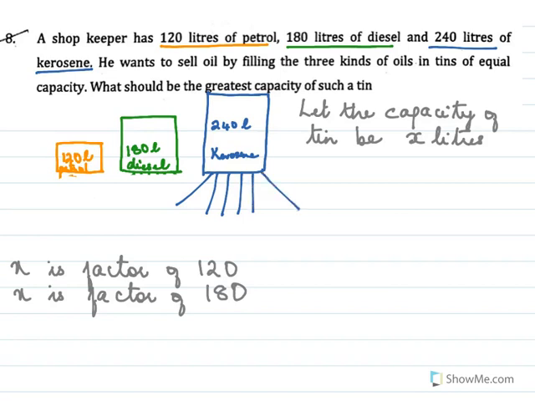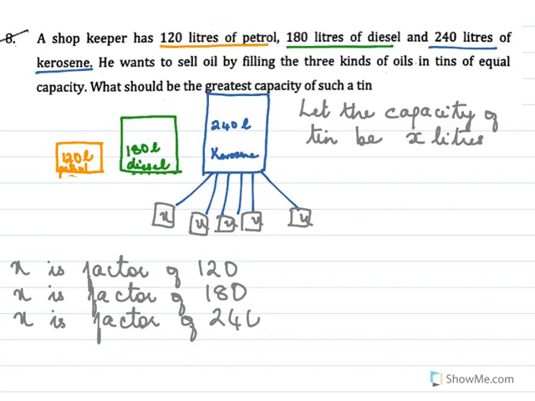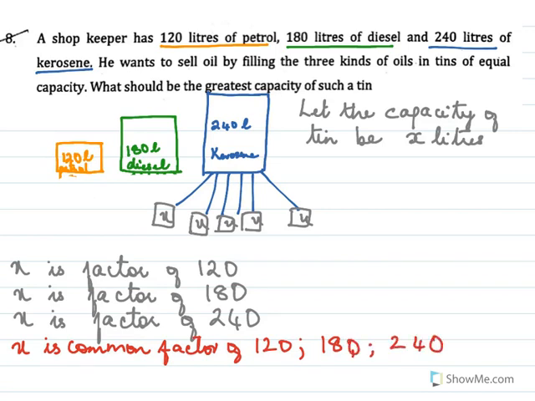So that also he splits into many tins, each of capacity X. So X should also be a factor of 240, which means now X is a common factor of 120, 180 and 240.